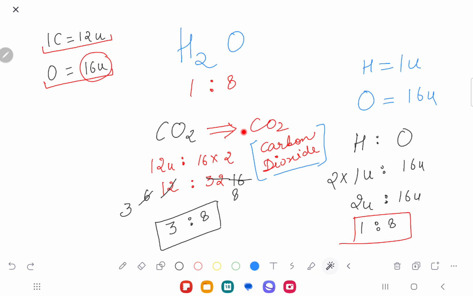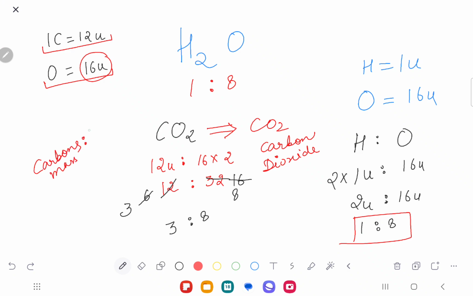Anywhere in the world carbon dioxide is coming from, the ratio of carbon's mass to oxygen's mass shall always remain 3 is to 8. Are you understanding my point? Any doubts in this? All right.